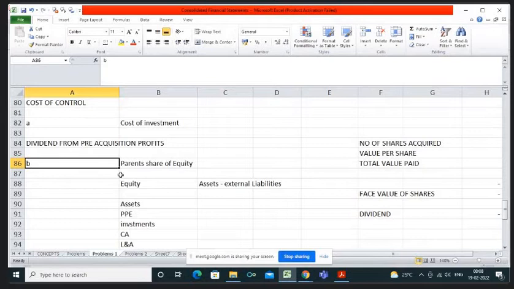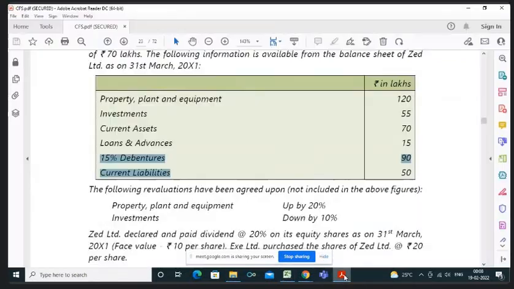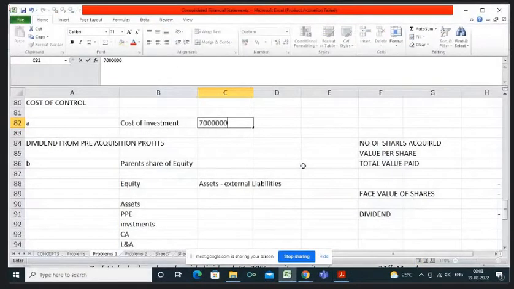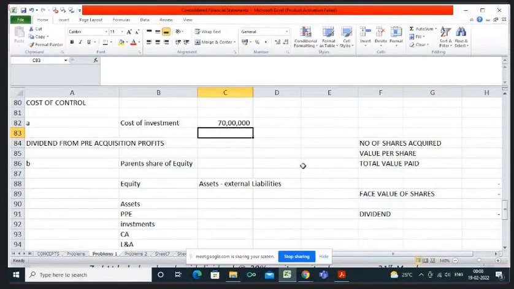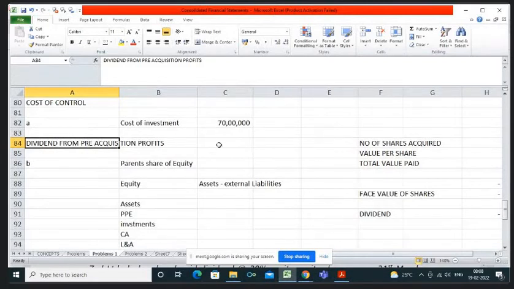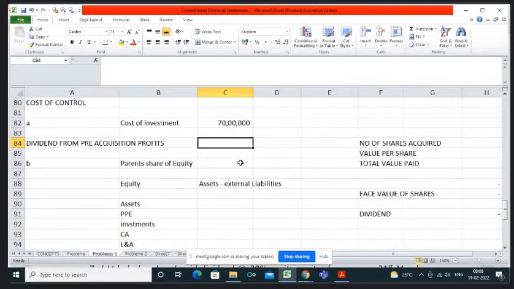First we will see what is the cost of investment. The cost of investment is 70 lakhs. We'll move to the dividend from pre-acquisition profit. We have to deduct it, then only we'll get the net cost of investment.